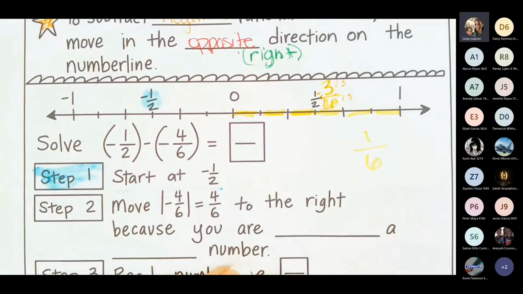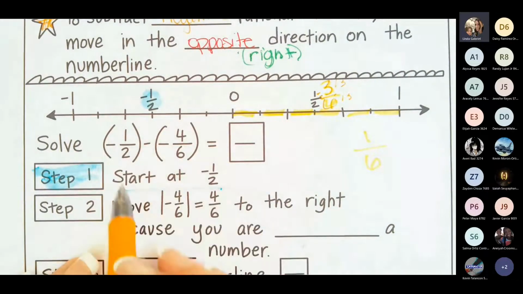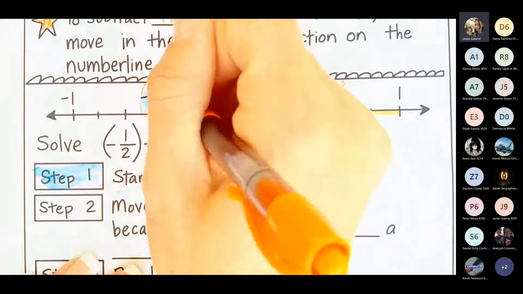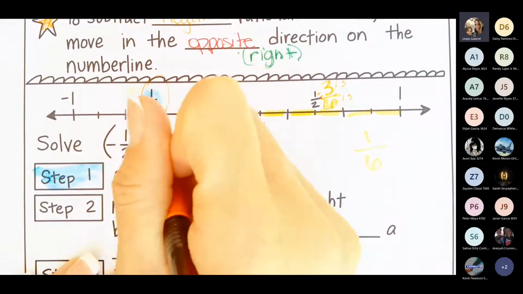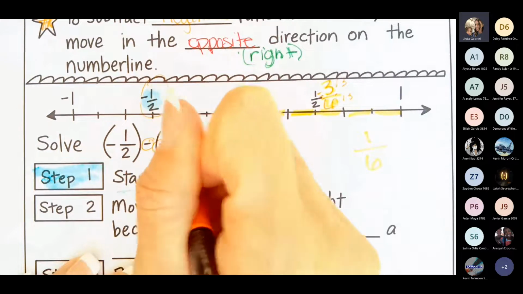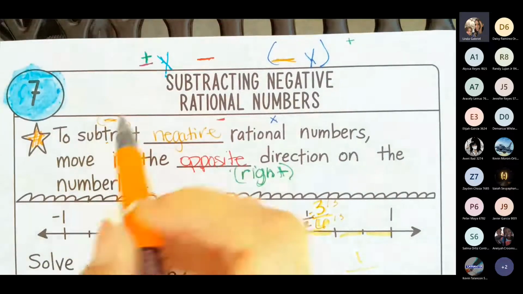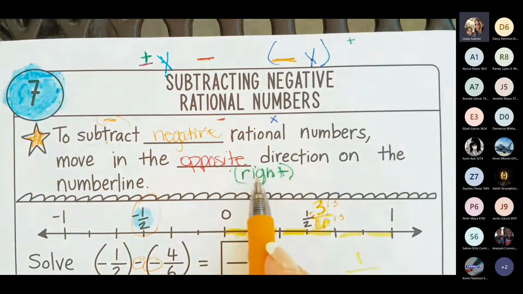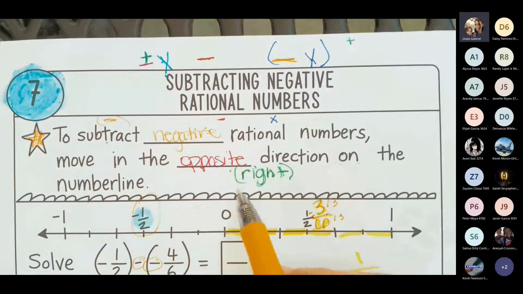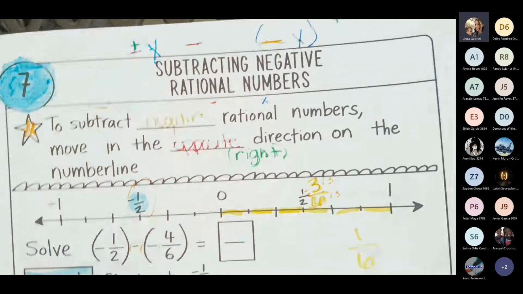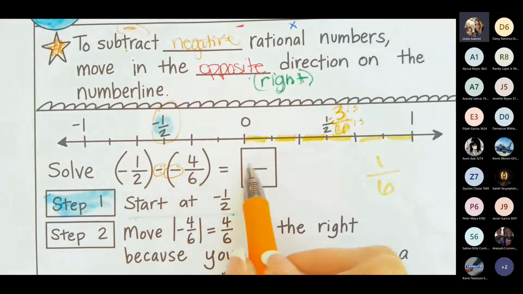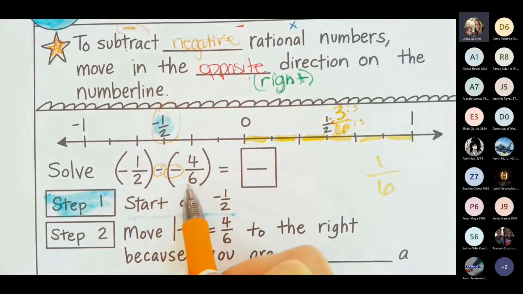They're equal in value. So I'm going to start at my -1/2, which is right here. And then I am minusing -4/6. So if I am subtracting a negative number, I need to move in the opposite direction, which means towards the right. So I need to move to the right 4/6, right?